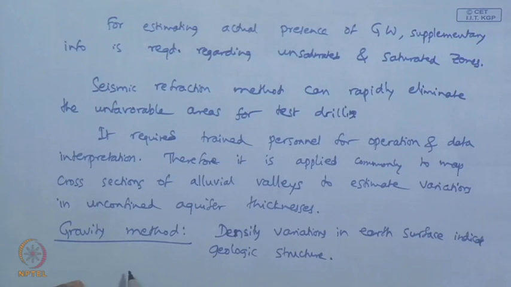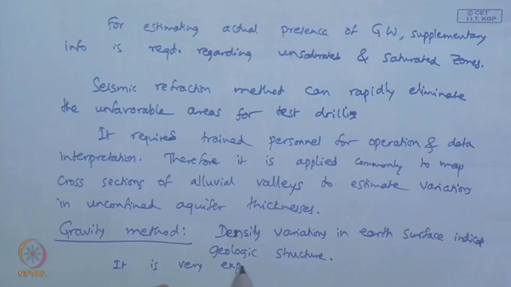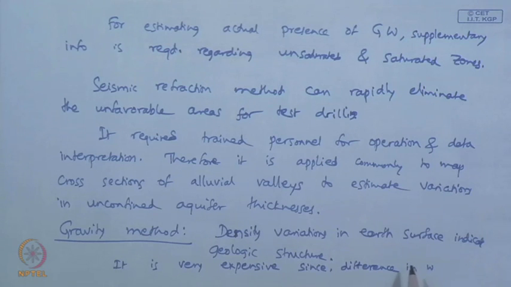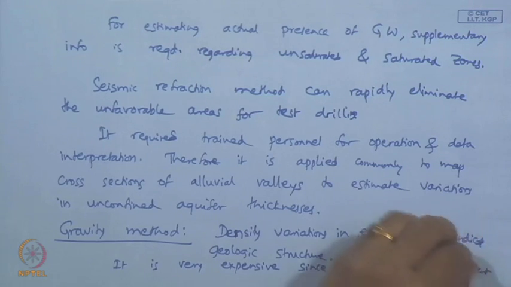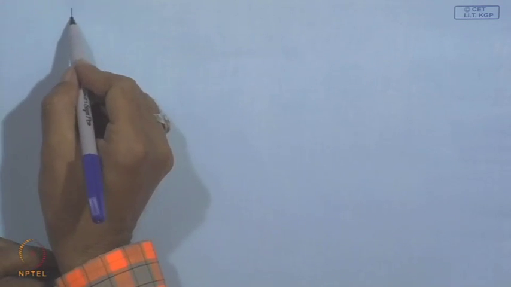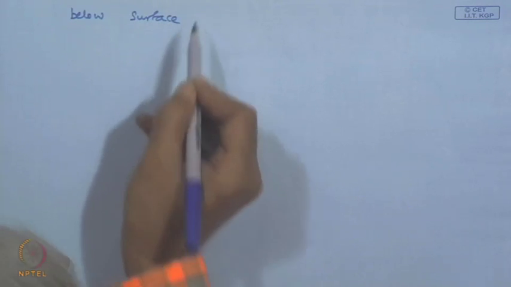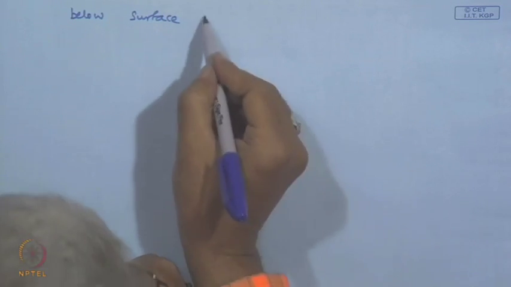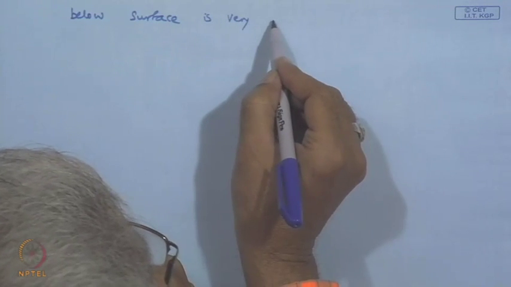And this gravity method is very expensive, since the difference in water content below the ground, below the surface, is very small.